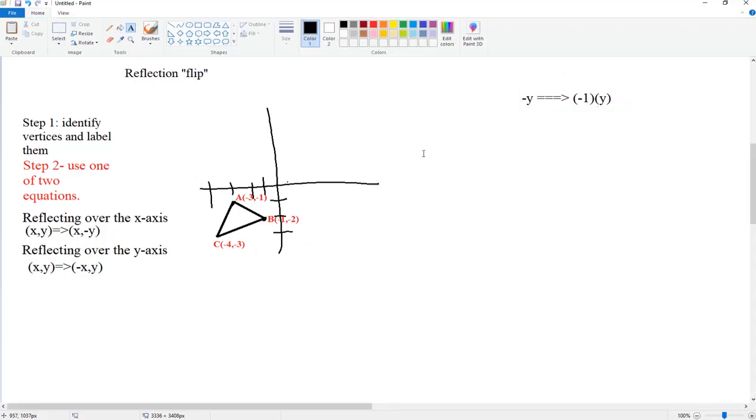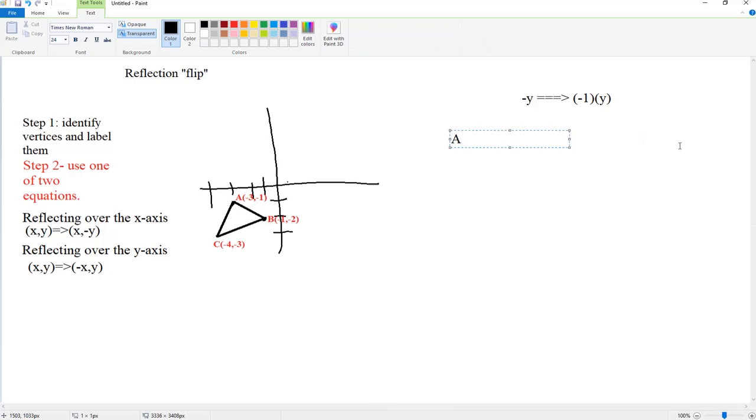So again, we're going to do every single one of these point by point. I'm not really going to care about the lines or the rest of the shape. I'm only going to care about the vertices. So right off the bat, I'm going to deal with A. As of right now, my ordered pair for A is negative 3, negative 1. And then I'm going to rewrite my equation. Let's say we are reflecting over the x-axis.